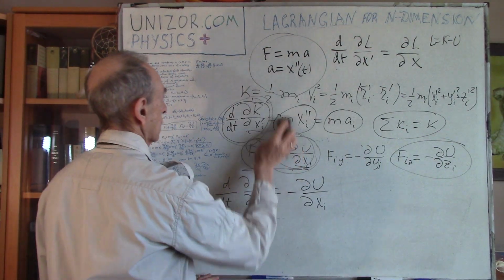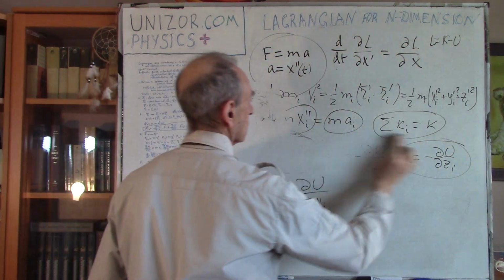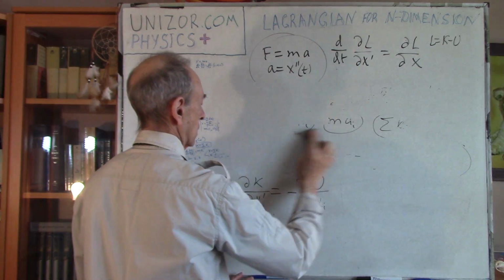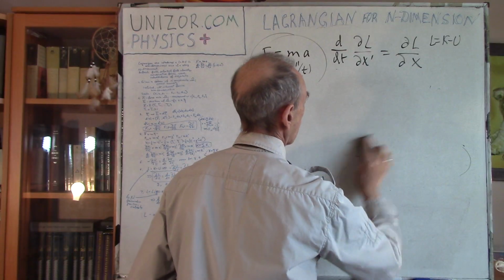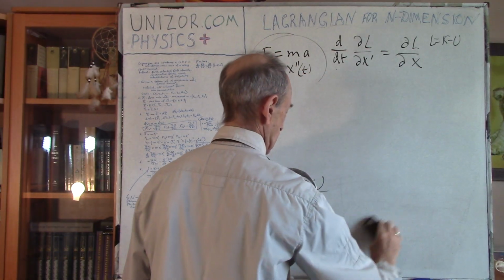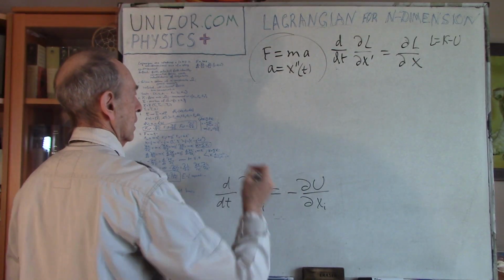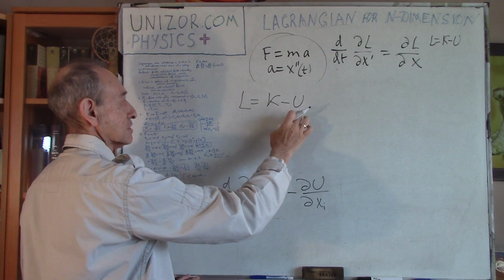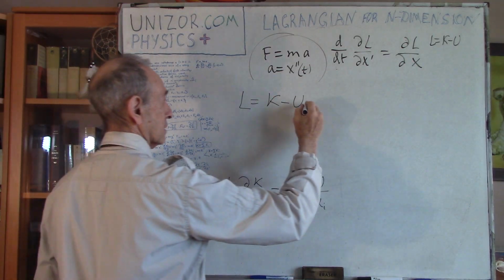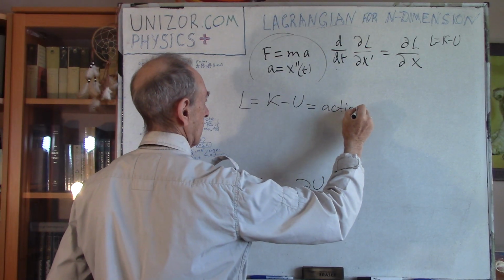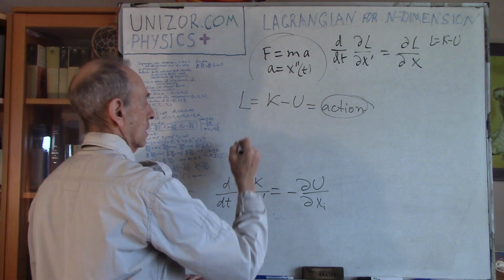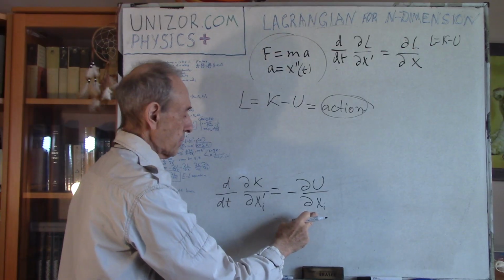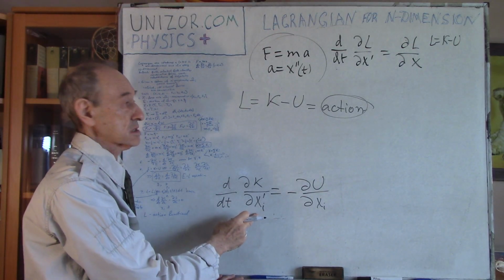Great. Now let's do a very, very simple simplification, if you wish, of this formula, so it will be a little bit more elegant. Okay, how to make it more elegant? Let L be equal to K minus U, total kinetic minus total potential energy of the entire system, and it's called, by the way, action. Now, kinetic energy does not depend on the position, it depends only on components of the velocity.